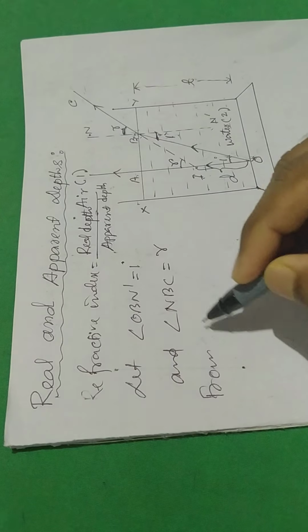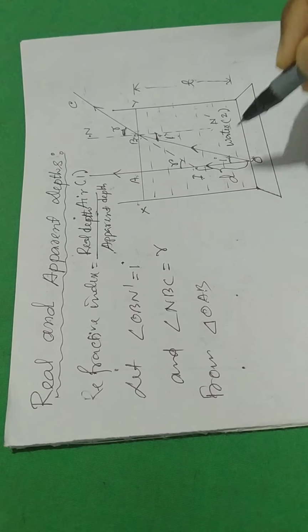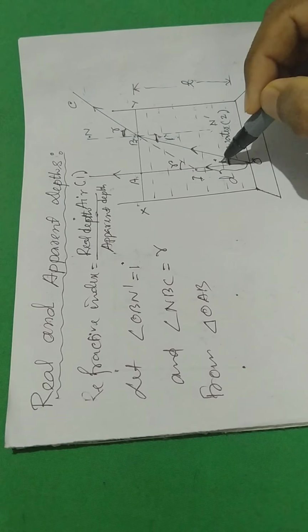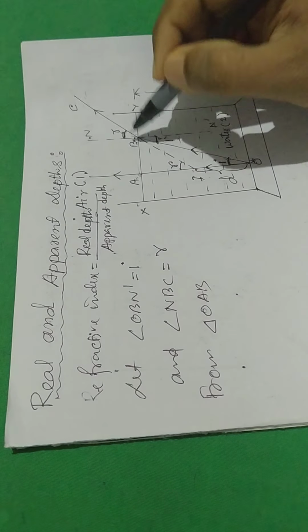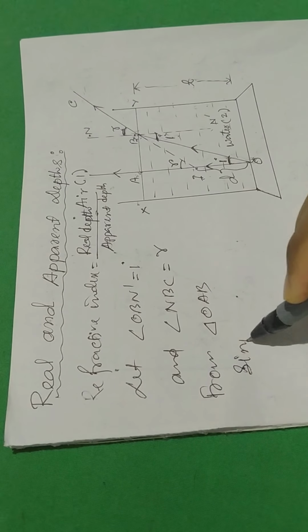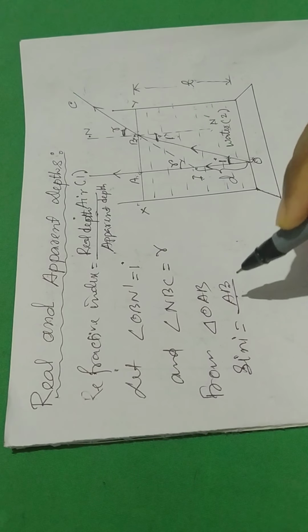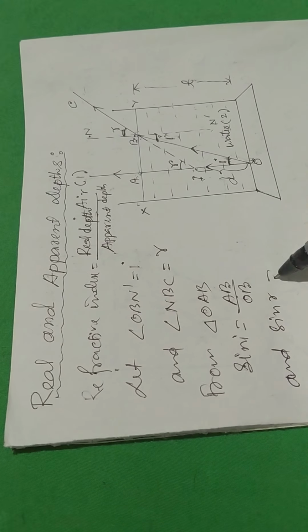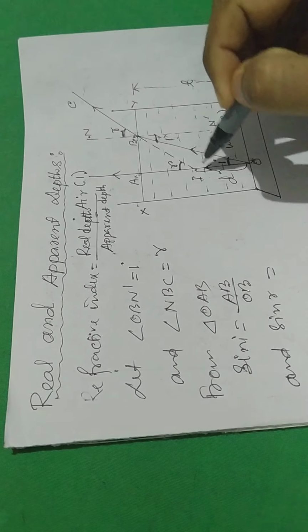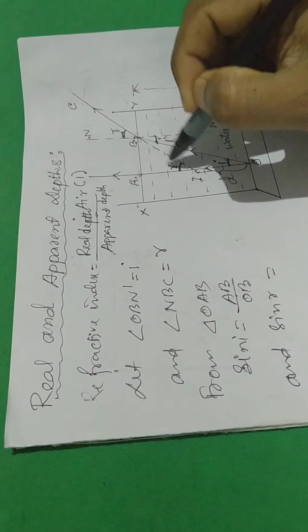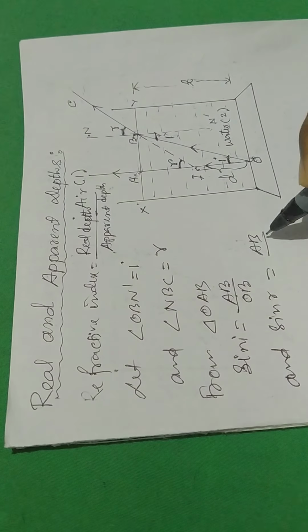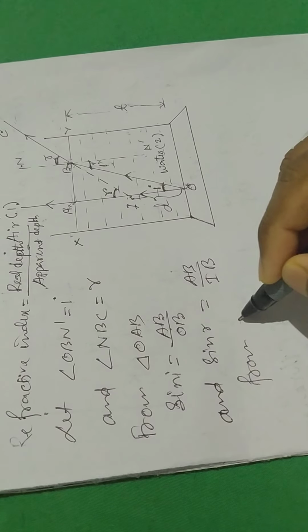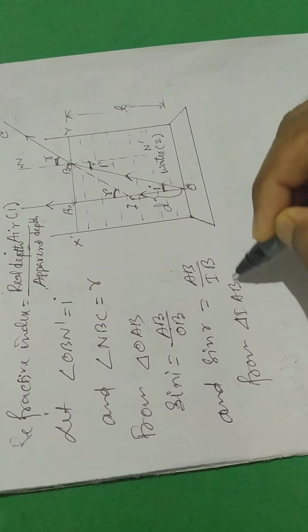From triangle OAB, this is a right angle triangle, so AB is perpendicular, OB is hypotenuse, so sin i equals AB by OB, and sin r, from triangle IAB, AB is perpendicular, equals AB by IB.